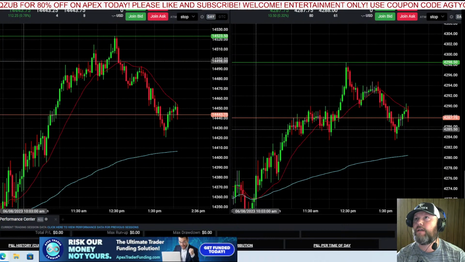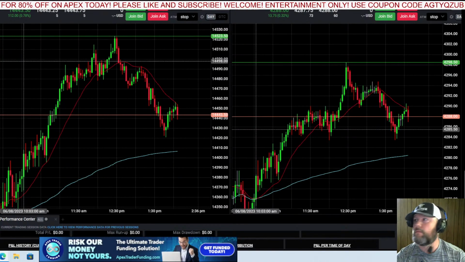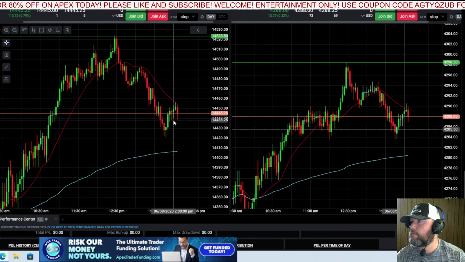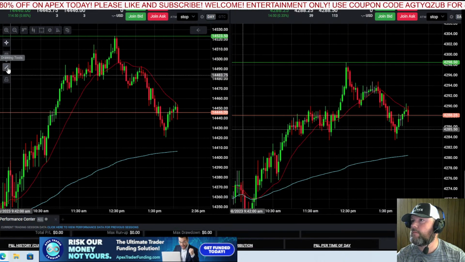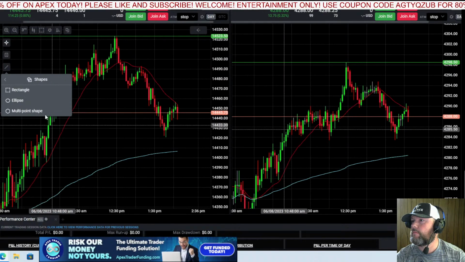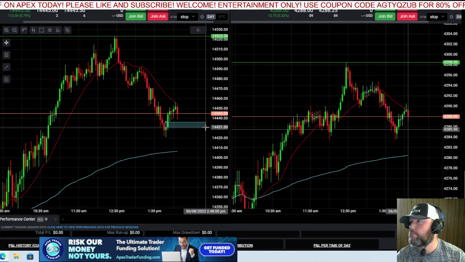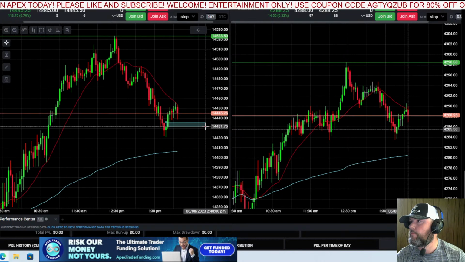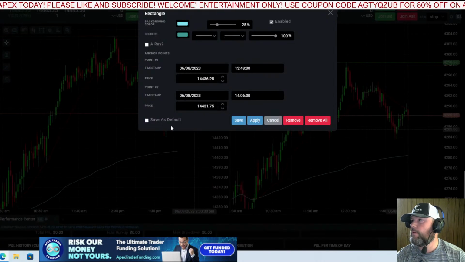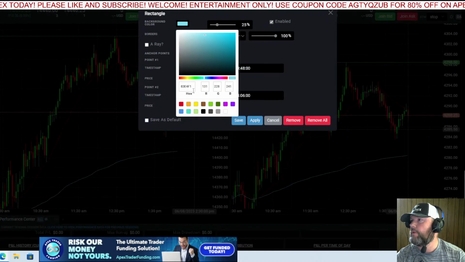See how price reacts once it moves down to this level. Small gap here on the NQ there.